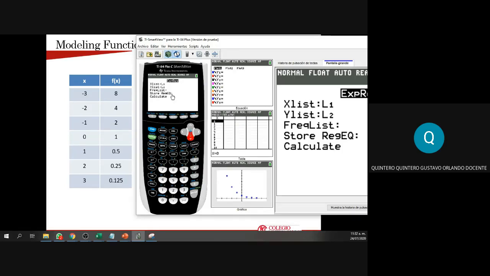Now, we also wanted the calculator to tell us what the function is, and to store it somewhere, to remember that function, right?